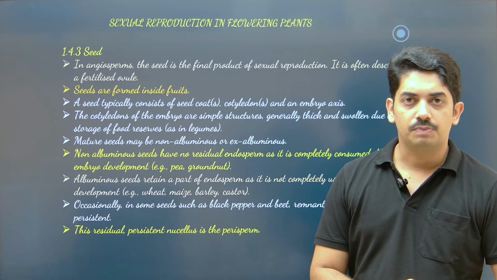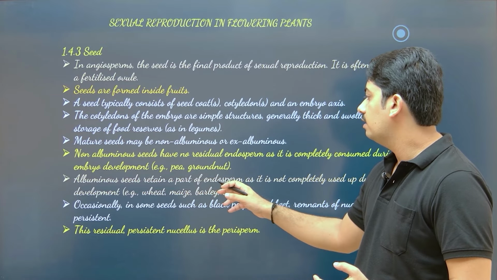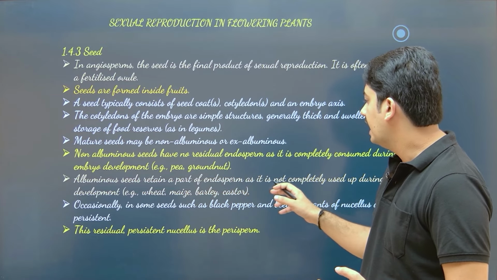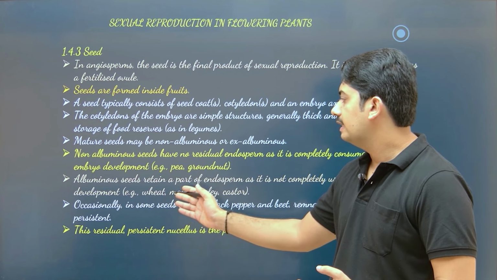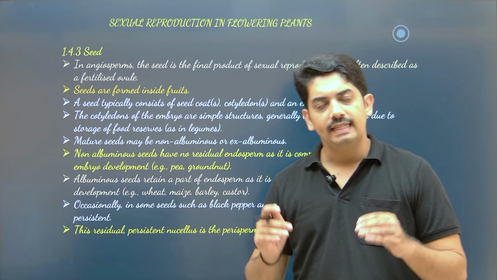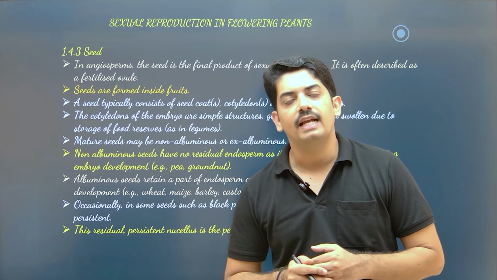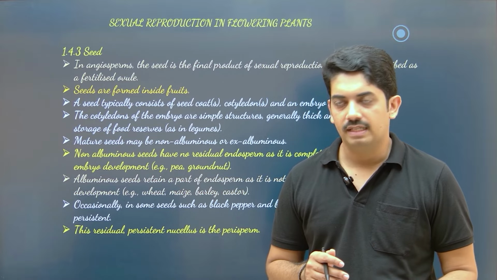There are some exceptions also. Albuminous seeds retain part of the endosperm as it is not completely used during embryo development. Like in the case of wheat, maize, barley and castor, they retain the endosperm even in the seeds, and those seeds are called albuminous seeds or endospermic seeds.